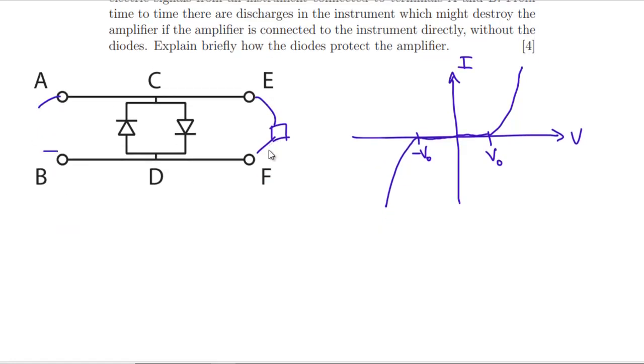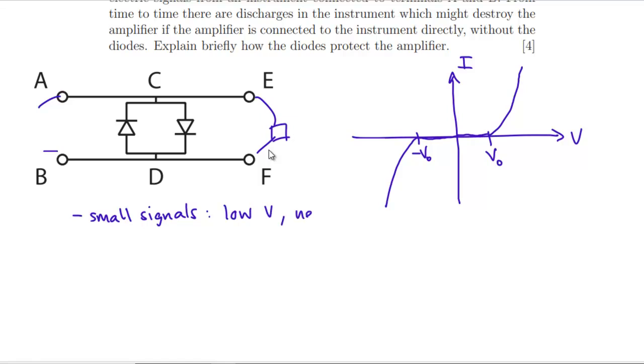Right, so we've got a split here between the small signal and the discharge. If we've got small signals, then that means we've got low voltage going on.